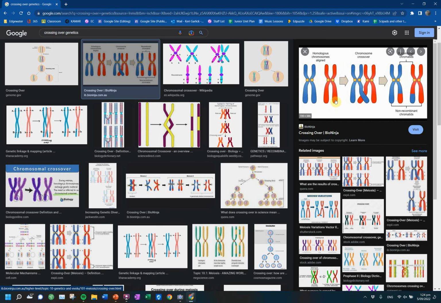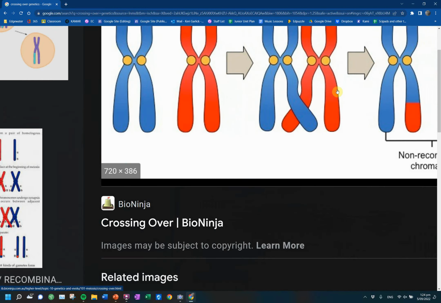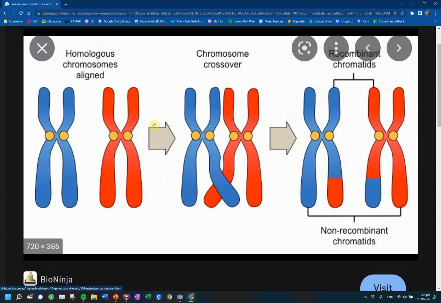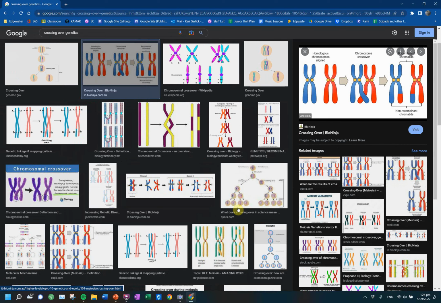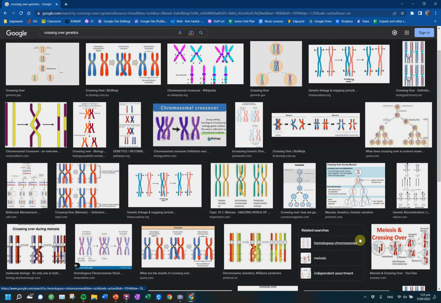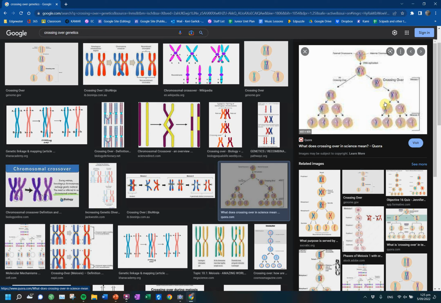All right, so this is what we're looking at for crossing over. We have our homologous pair of chromosomes. Some of that DNA gets swapped, and now we get a new variety of combinations. That's really useful because when we start to make our new sex cells, just trying to find an example of one that I like.